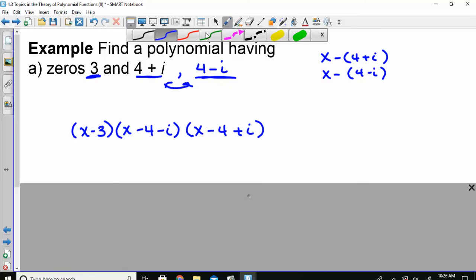Again, the only difference on those two is going to be the sign on the i. We could multiply this all out and see how the i's disappear, but I don't really want to do that. I just want to leave it in factored form. So we had to recognize we needed one more zero, and then we did our polynomial by putting the factors.